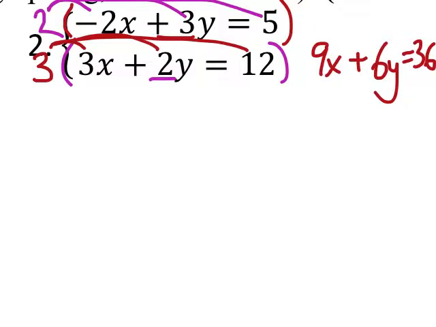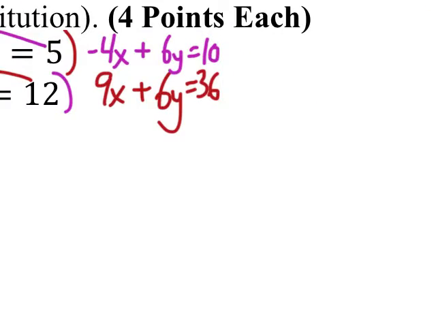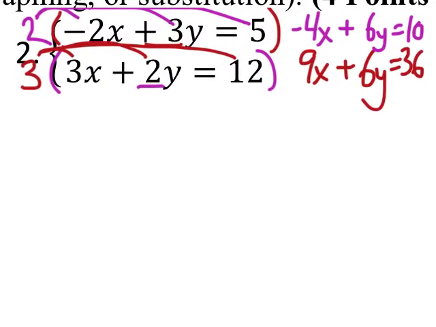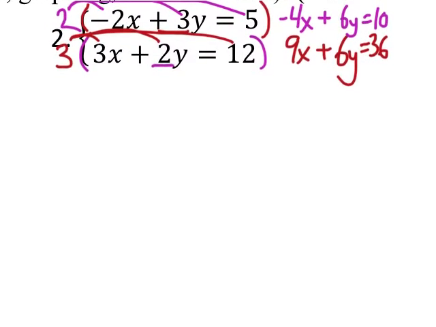So I have 2 times negative 2x, that's negative 4x, plus 2 times 3y is 6y. This equals 2 times 5 is 10. So this is what we have now compared to what we used to have right here.